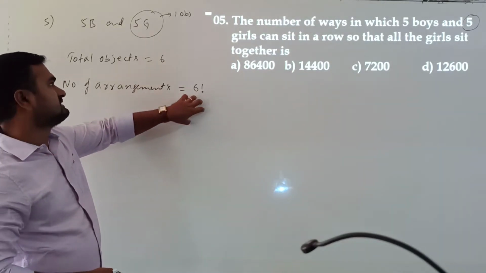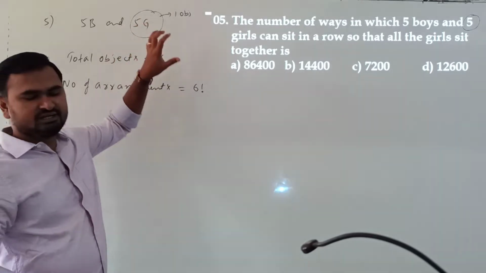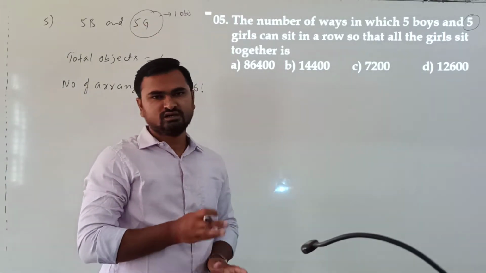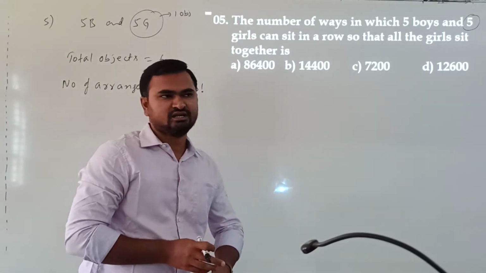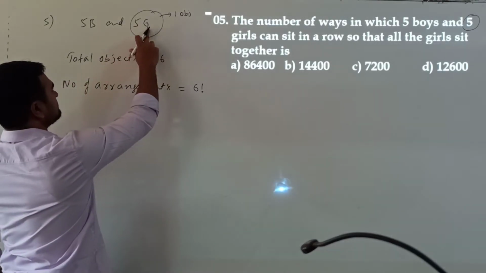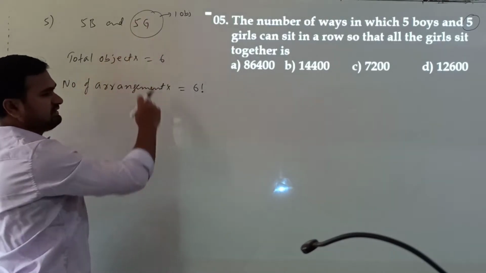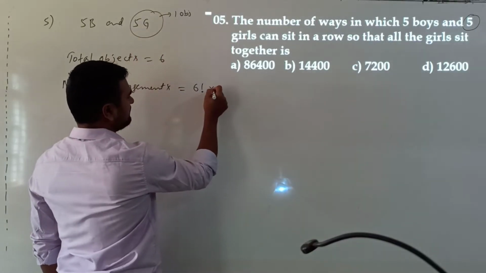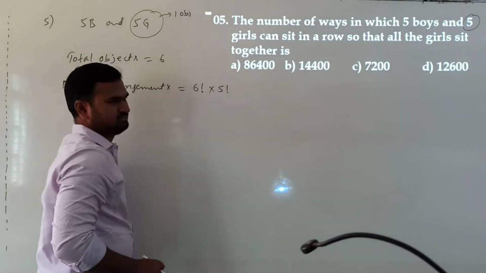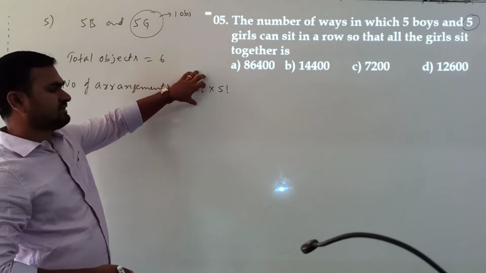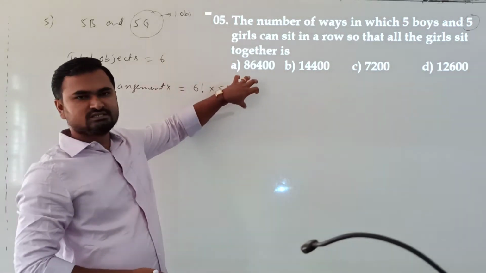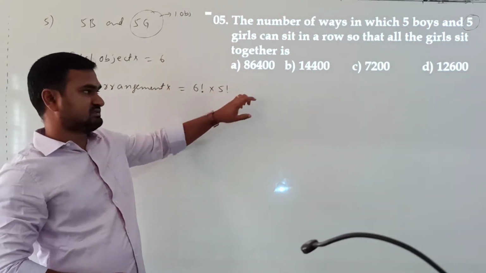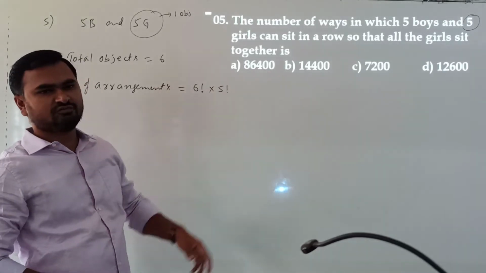After arranging this, now we can consider the internal arrangement of girls. Internally the girls can sit in any way. So internally, in how many ways can we arrange 5 girls? In 5 factorial ways. So total is 6 factorial into 5 factorial.